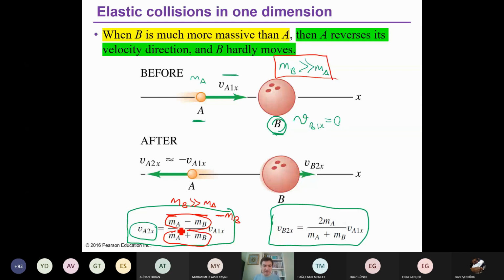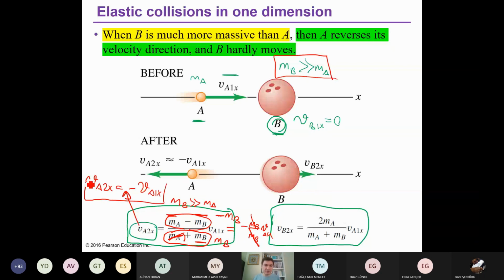Since MA is very small compared to MB, you can ignore it, and this can be written as MB. So the result is minus MB over plus MB times VA1X. So this cancels this one. Finally, the final velocity of the A ball is given with this expression: minus VA1X.